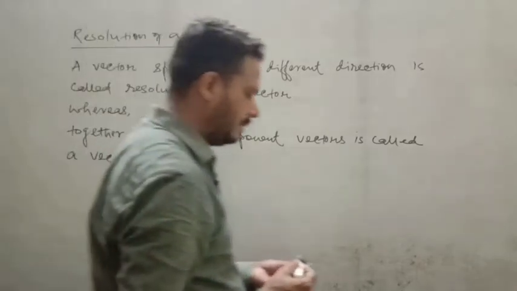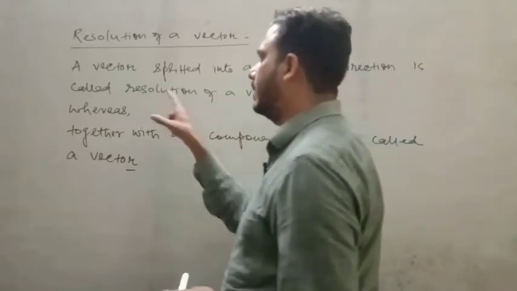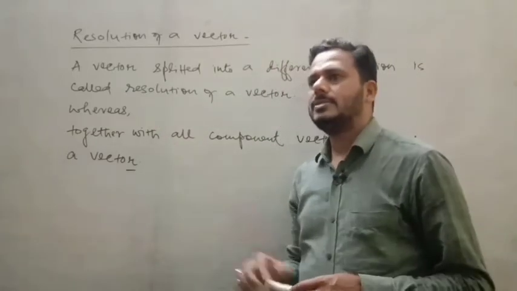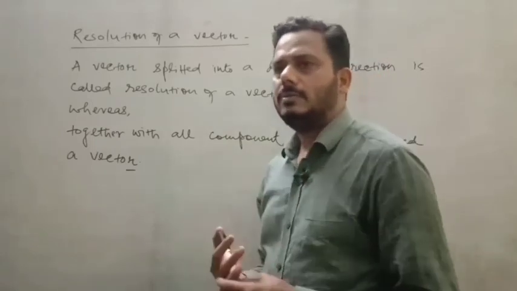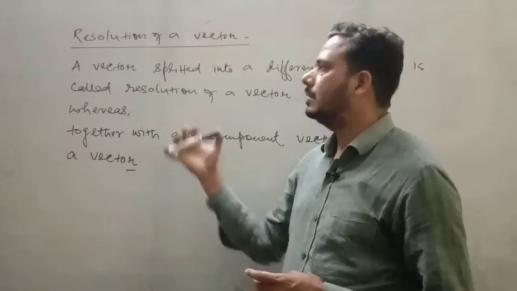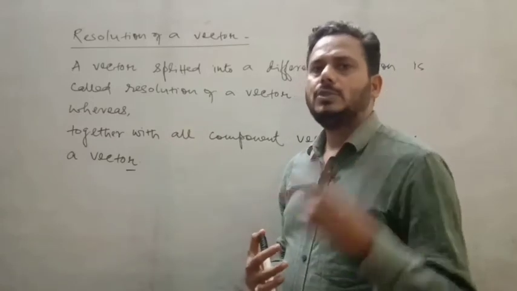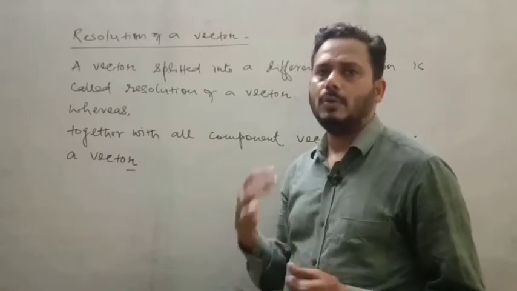That means that simply we have to take a vector and split it in its different directions, whether in x, y and z direction. So first here we will take only two different directions, but directions may be two or more.